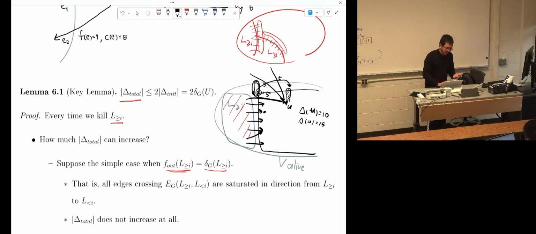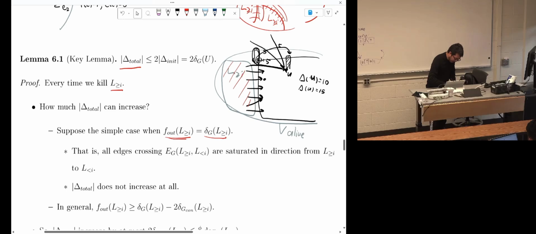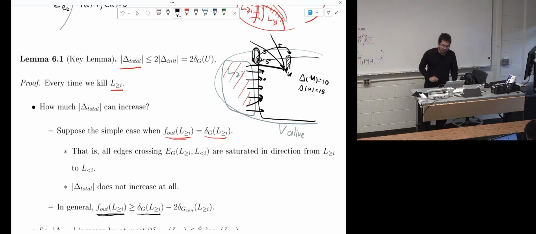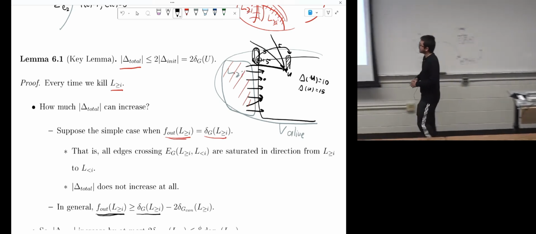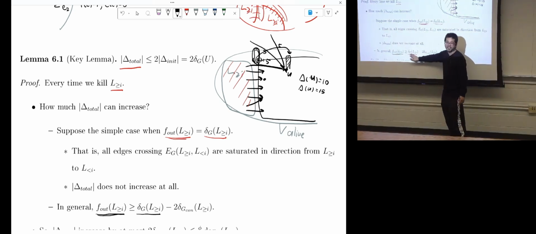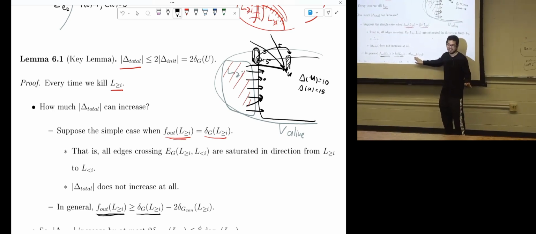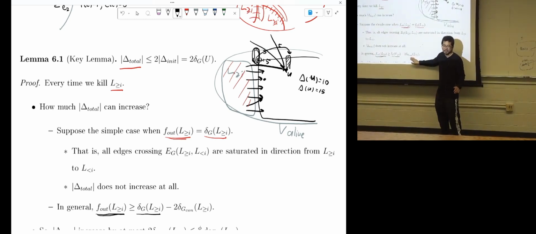But okay, in general, it's not the case. In general, you actually send flow out of this guy. You don't saturate everything, but you basically saturate almost all the cut, but you are off by this much, just from last time. Why?